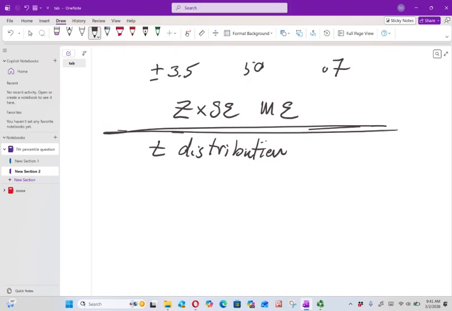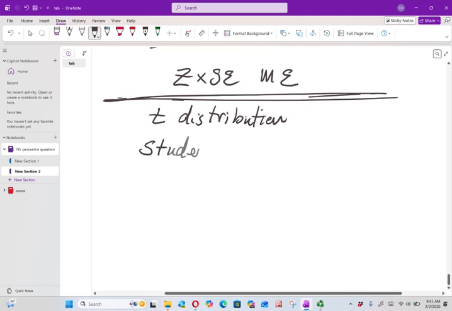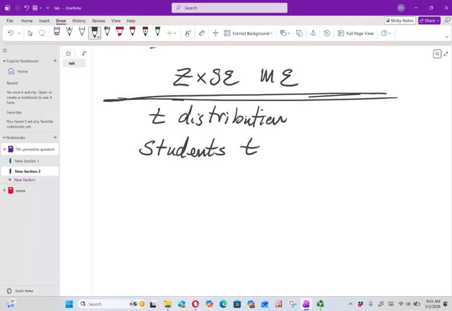So he didn't think that the bets he was making with the normal distribution were accurate. He didn't think his bets were that good. So that Mr. Gossett published a paper under the name of Student. He called this distribution a T distribution.